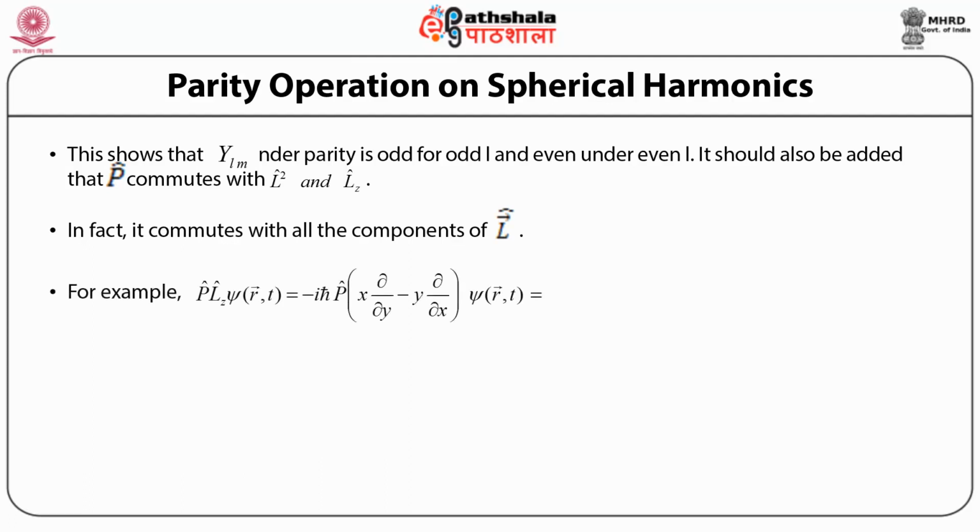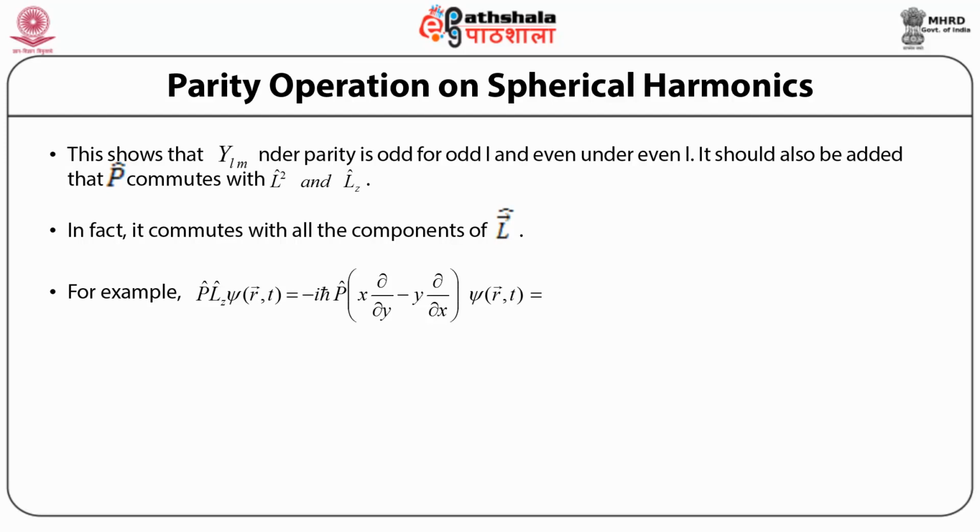For example, operator P times operator L_z acting on ψ(r,t) is equal to −iħ operator P [x ∂/∂y − y ∂/∂x] ψ(r,t).